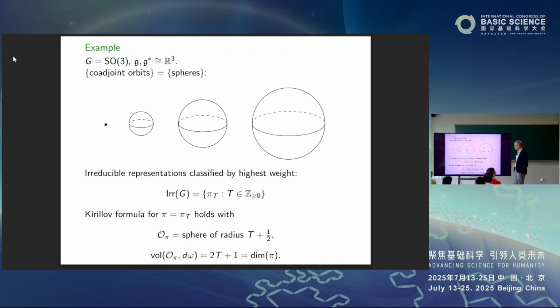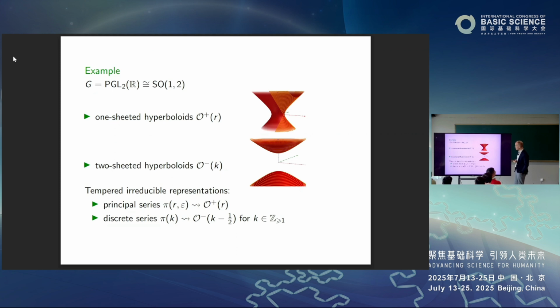So to give another example, here are some pictures for the group, if you'd like, PGL2R, or if you'd prefer to think of it in terms of orthogonal symmetries, SO(1,2). And this example is particularly relevant. I don't know if anyone here studies classical modular forms analytically, but these pictures are highly relevant for that theory.